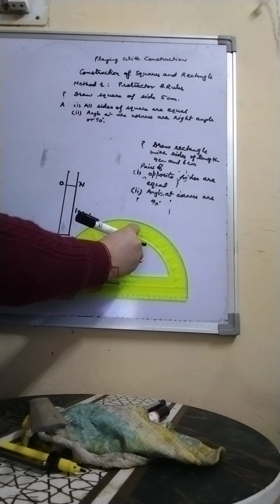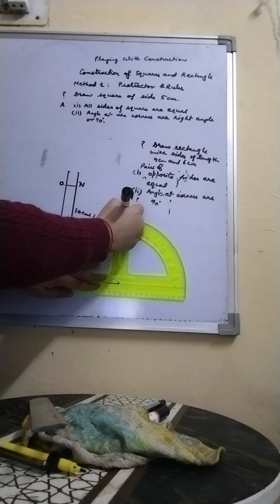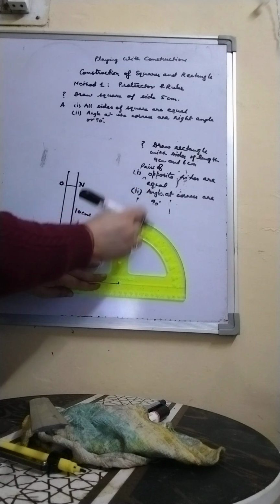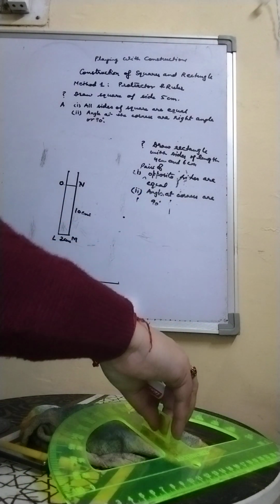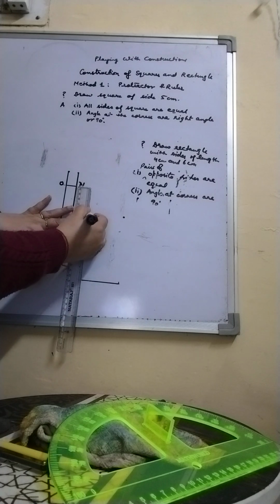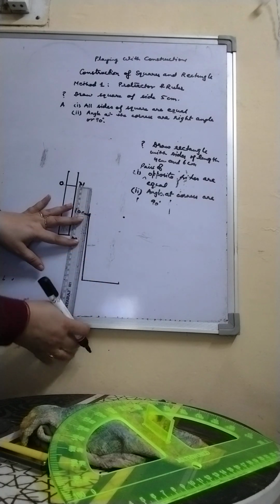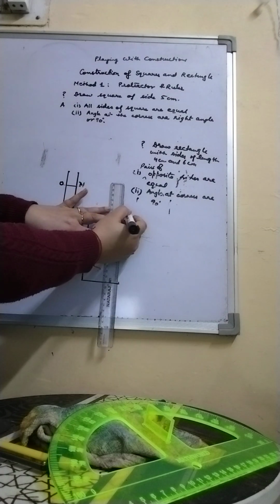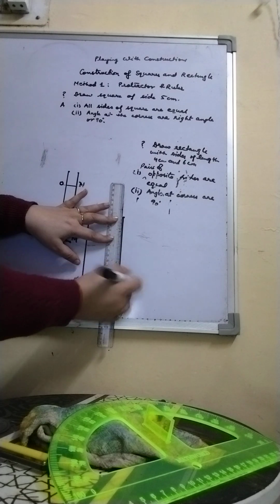This angle is 90°, this angle also 90°. So when you join these two, you get two angles of 90°.